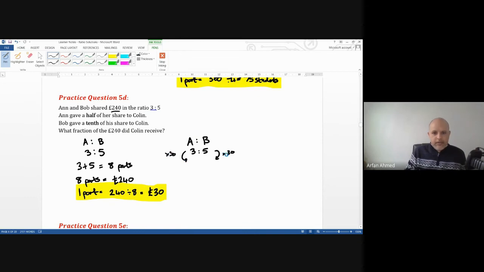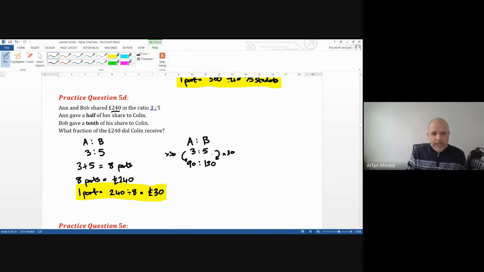Times that by 30. So Anne gets £90, Bob gets £150. So that's the first bit, working out what Anne's got and what Bob's got.